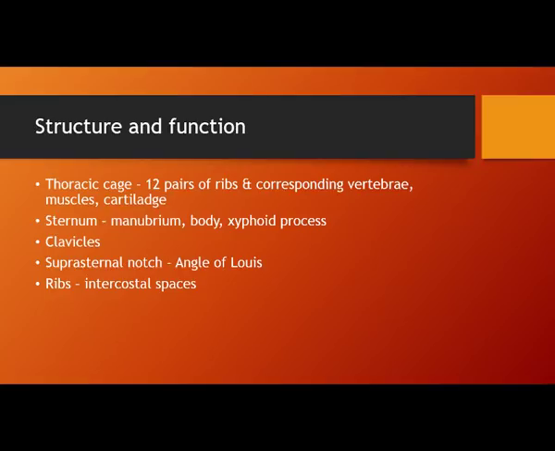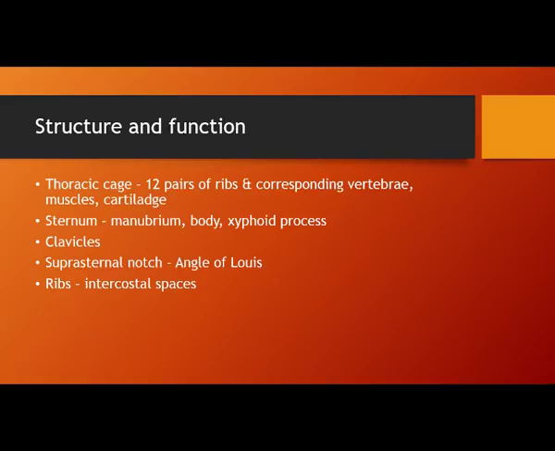Following that, there's a groove called the angle of Louis, and that's an important landmark. That's going to point to the second intercostal space, which is going to be important to you, particularly when we get to the chapter on the heart.